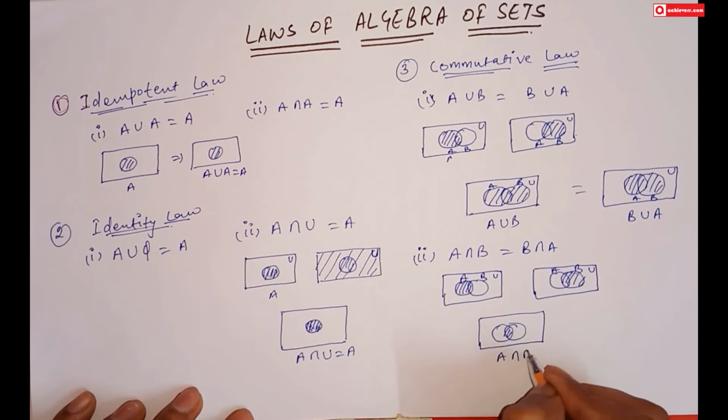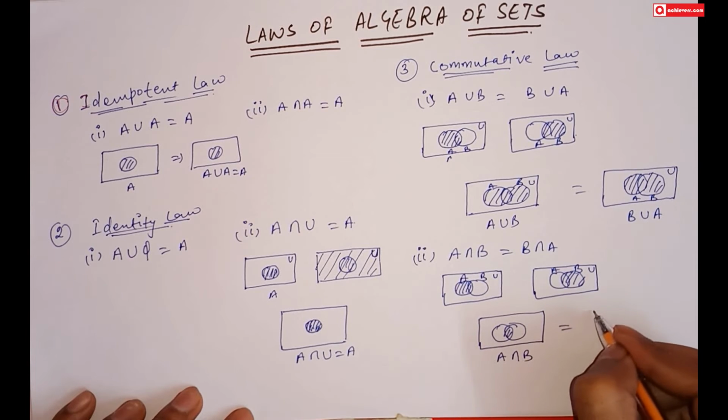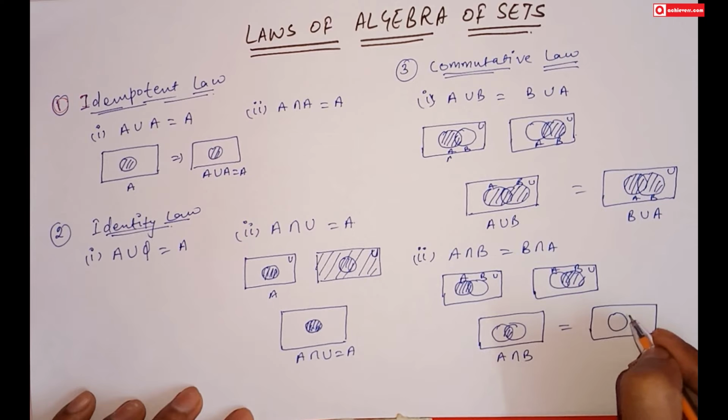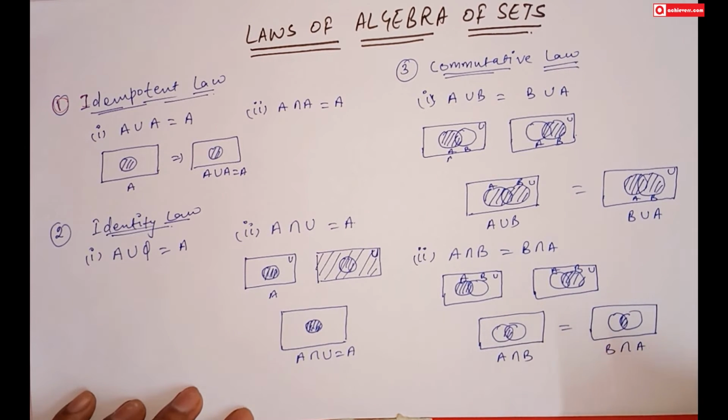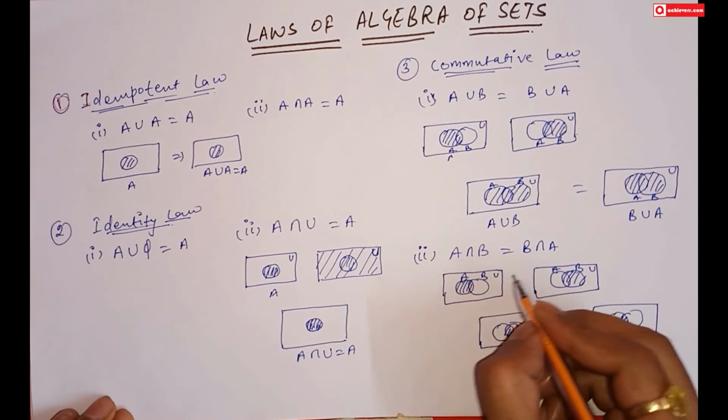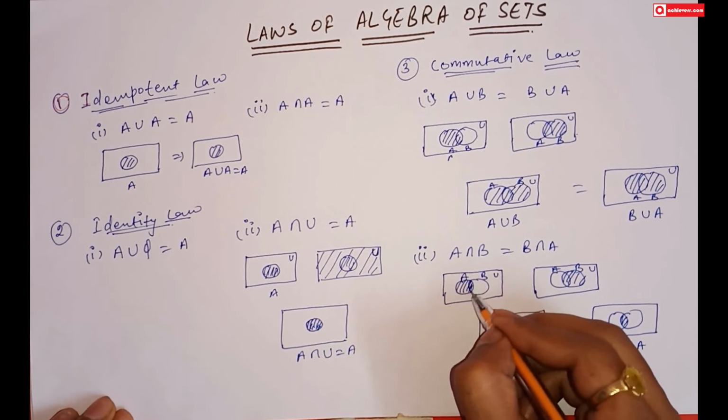This is A intersection B. This will be equal to B intersection A. And this is because the same area is common in both the cases, this one.